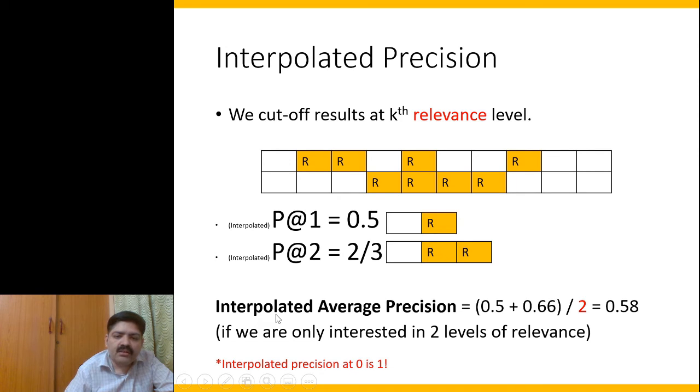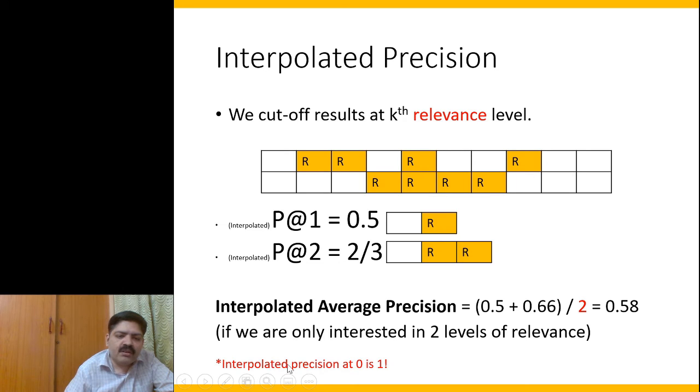And I could also go for an average precision. The interpolated average in this case is simply 0.5 plus 2 by 3 over 2. So that gives me a value of 0.58. So if we are only interested in two levels of relevance, then this would be my average interpolated precision.